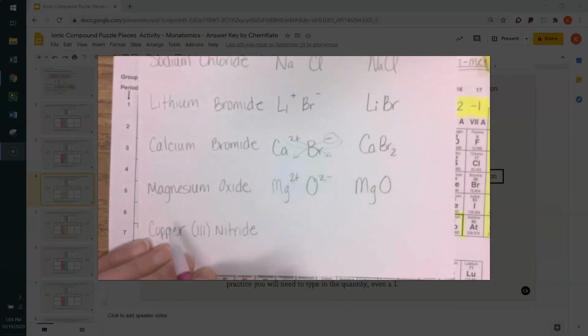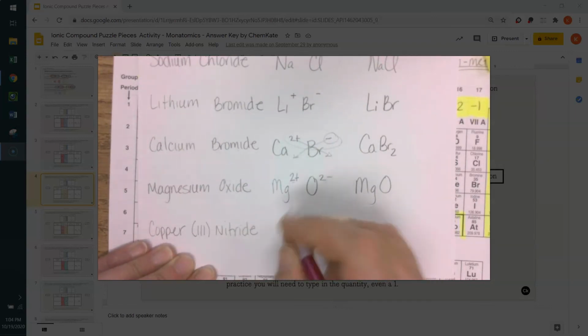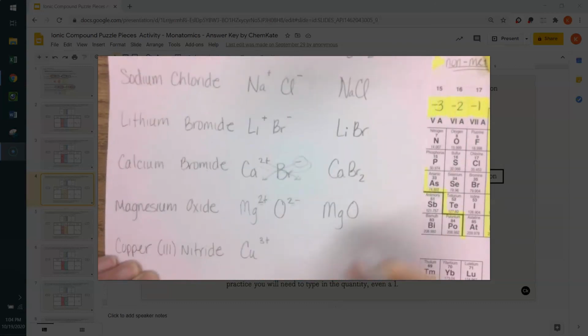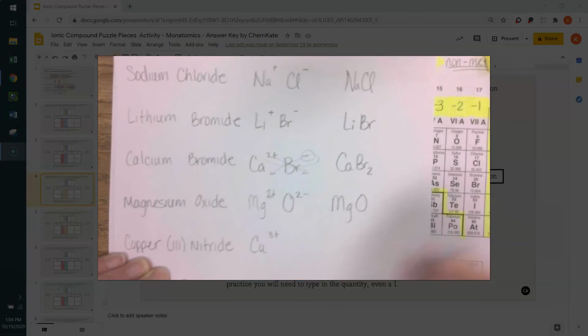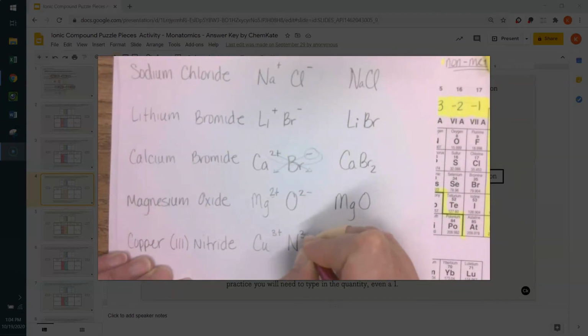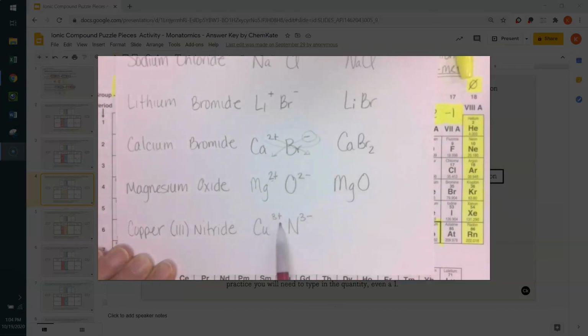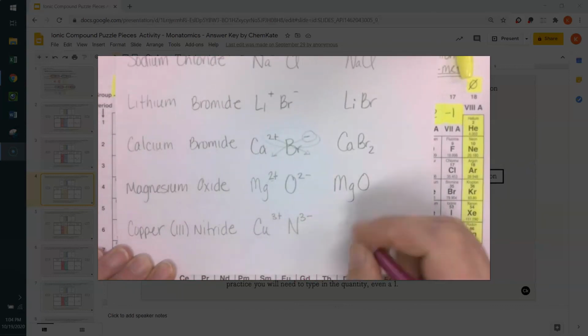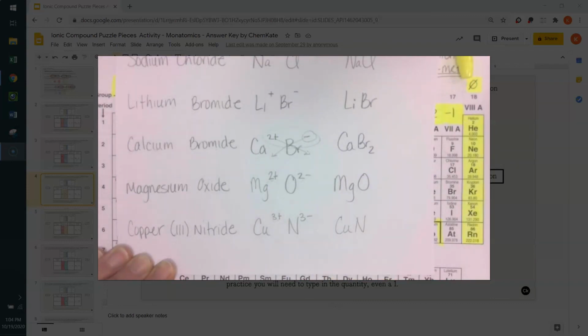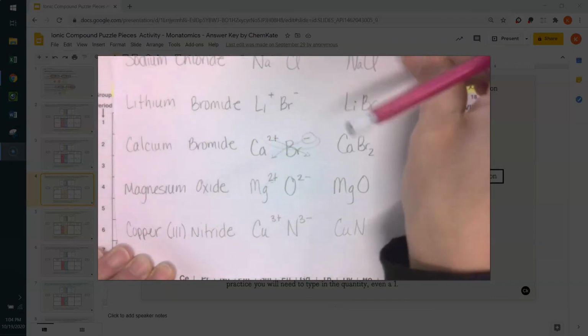Okay, copper 3 nitride. You have to look up what copper 3 is on your ion chart, and I believe it is Cu3+. Nitride is an N3 minus. Because these are electrically neutral, it's again a 1-to-1 relationship. So Cu for copper and N for nitrogen.